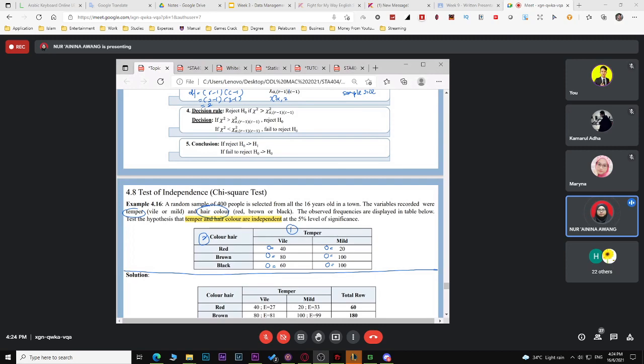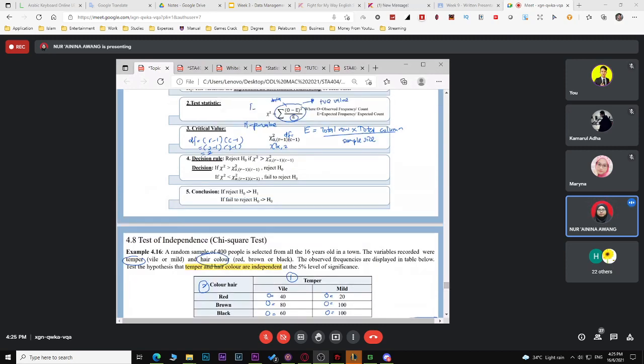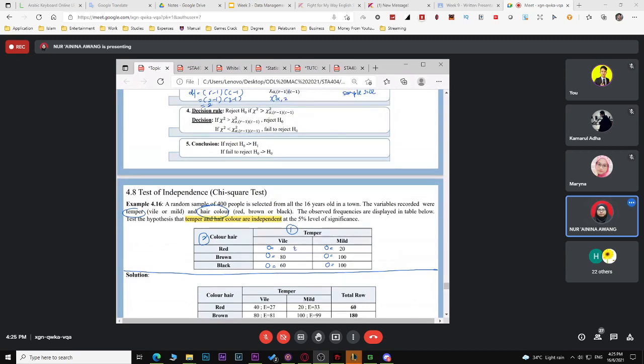The missing value that you don't have is your E, your expected frequency. So you need to find E for each row and column.